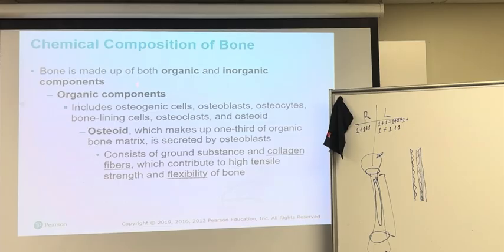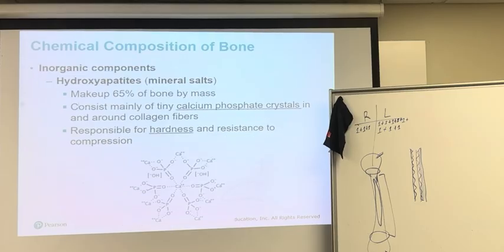Now, the chemical composition of the bone. Bone is made up of organic and inorganic components. As I told you, one of the main functions of your osteoblast is to secrete osteoid. Your osteoid, which makes up one third of the organic bone matrix, is secreted by the osteoblast and consists of ground substance and collagen fibers, which contribute to the high tensile strength and flexibility of the bone.